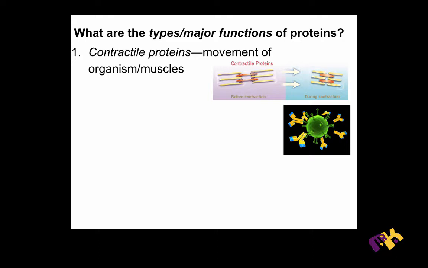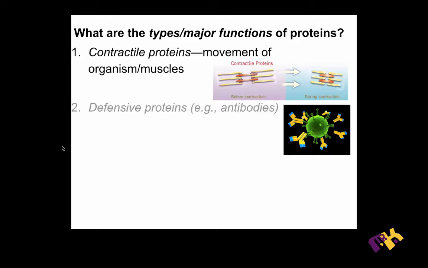The proteins that make up your muscle fibers are contractile proteins. So think of movement of an organism or even just movement of muscles. Muscles themselves are made up of contractile proteins.